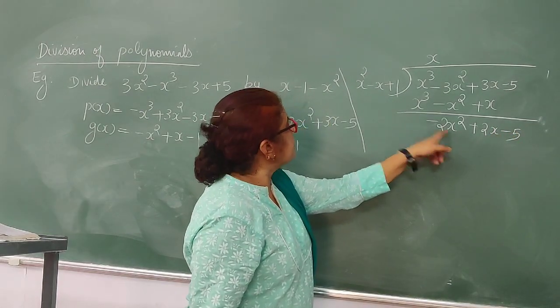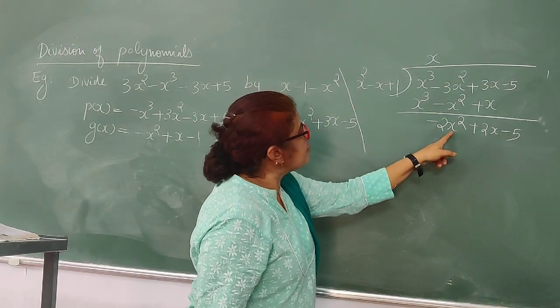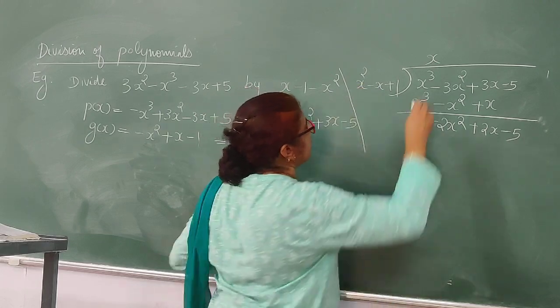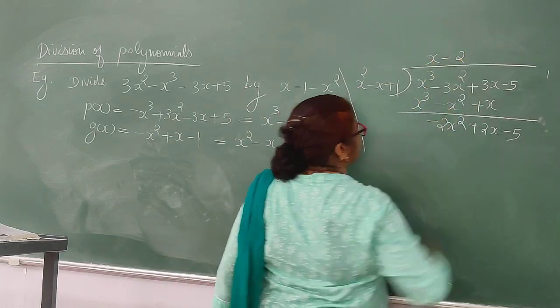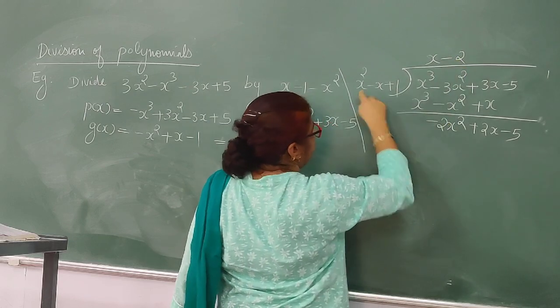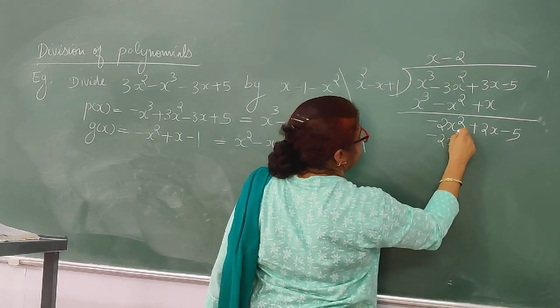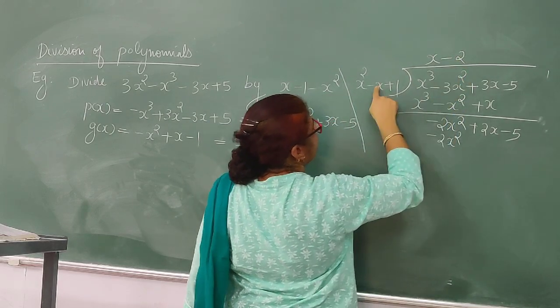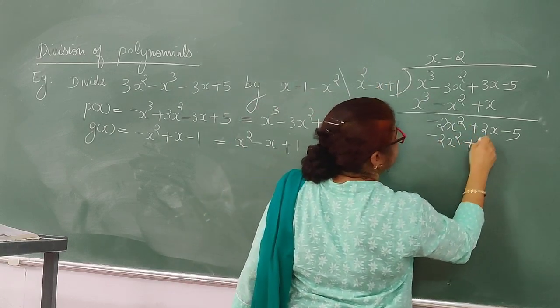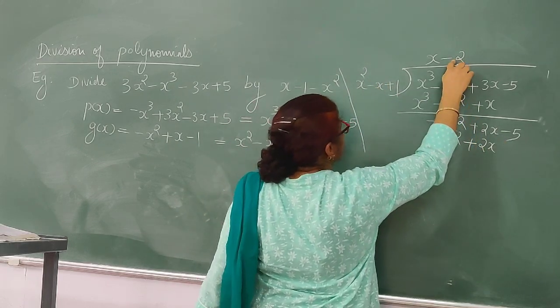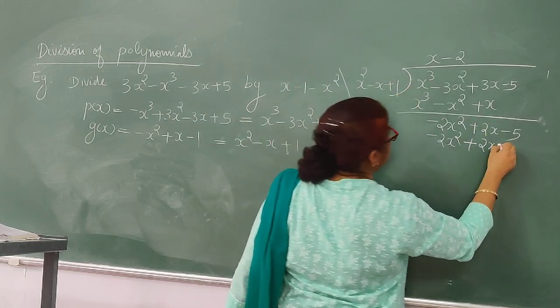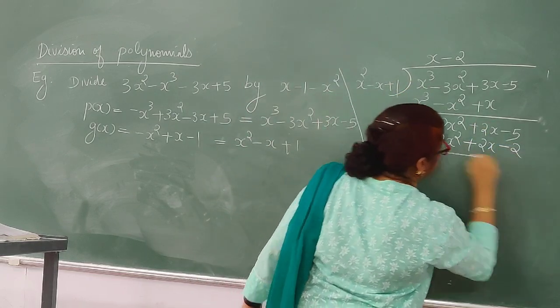Again, first term by first term: minus 2x square divided by x square is minus 2. Then multiply. Minus 2 into x square is minus 2x square. Minus 2 into minus x is plus 2x. Minus 2 into plus 5 is minus 10.